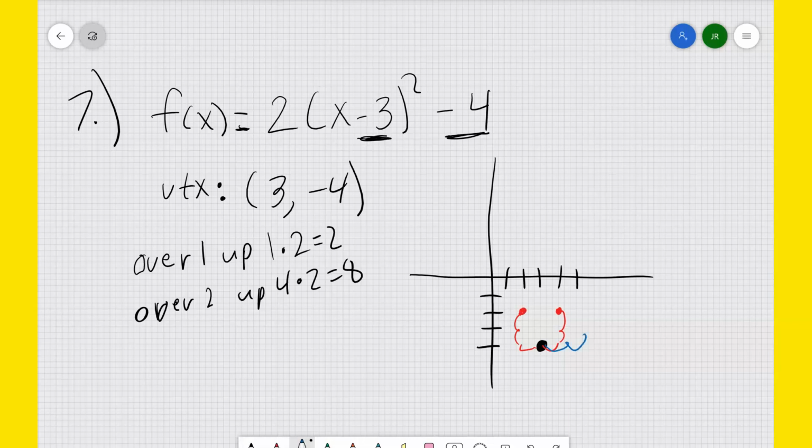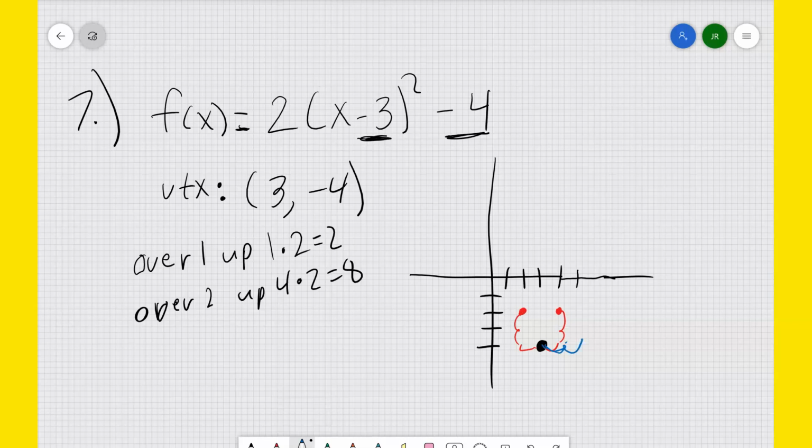Over 2, up 4. Not 4, I did that wrong. It's supposed to be 8. Let me try again.